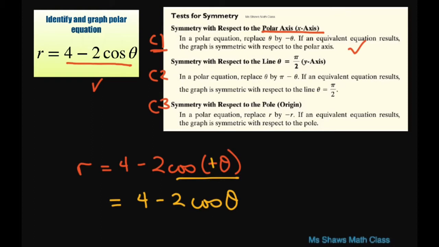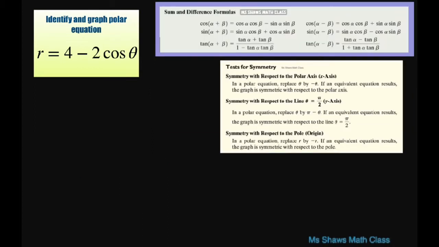All right, let's test condition 2. Condition 2, we want to check and see if it's symmetric with respect to the line theta equals pi divided by 2, which is the y-axis. So basically what you do is you take your r equals 4 minus 2 cosine and substitute theta with pi minus theta.